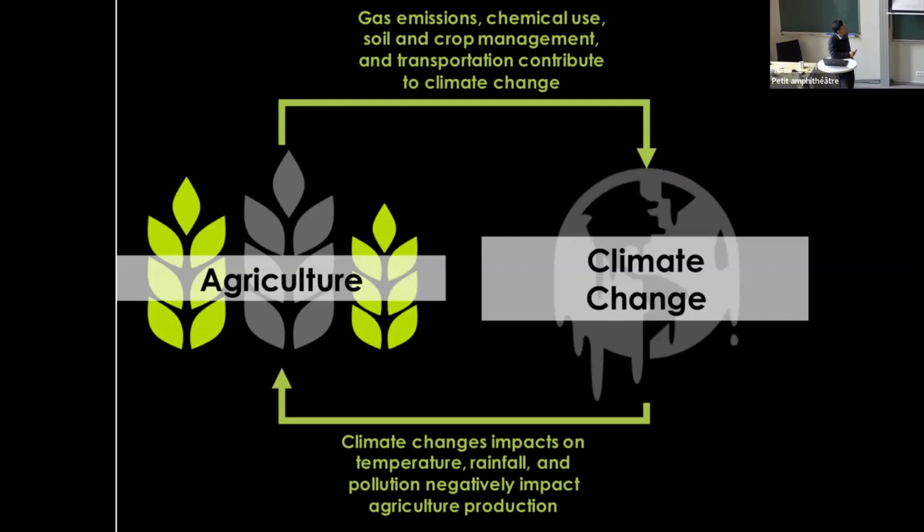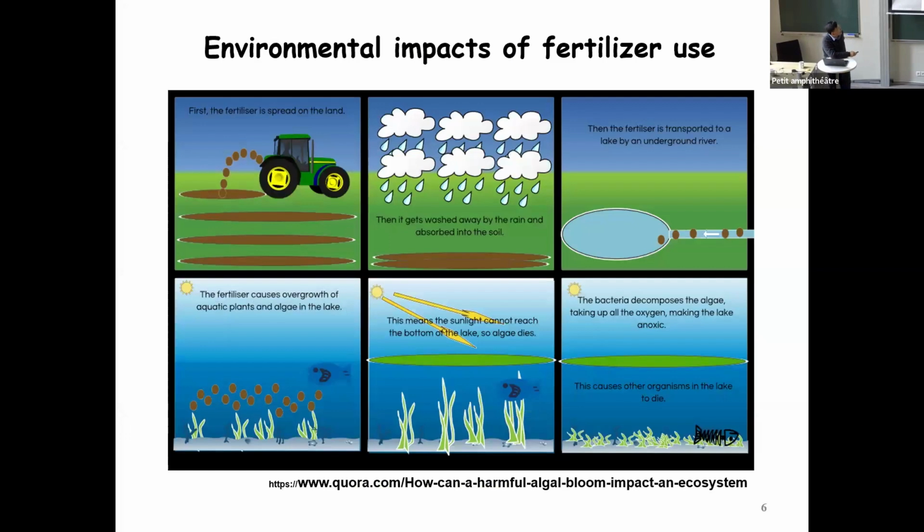Agriculture, on the other hand, produces a lot of greenhouse gas that contributes to climate change. And it's well known that fertilizer runoff causes eutrophication of freshwater resources, and then really damages our ecosystem.